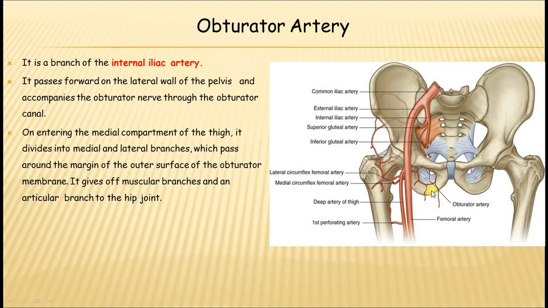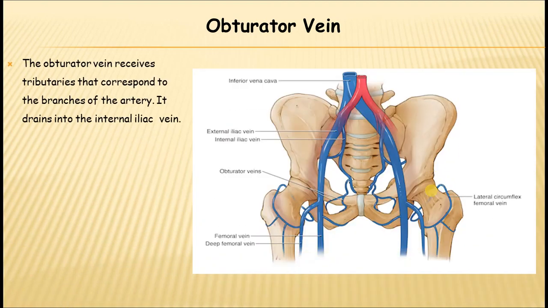So that is about the obturator artery. It is a branch from the anterior division of the internal iliac artery. The obturator vein receives tributaries corresponding to the obturator artery, medial and lateral branches, and ultimately it is going to drain into the internal iliac vein.